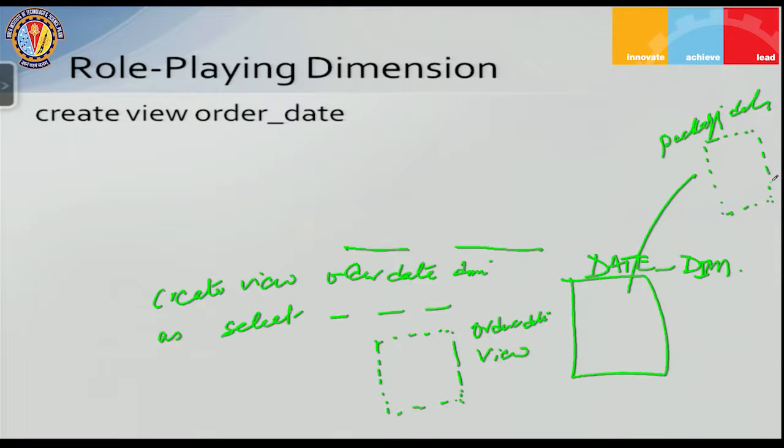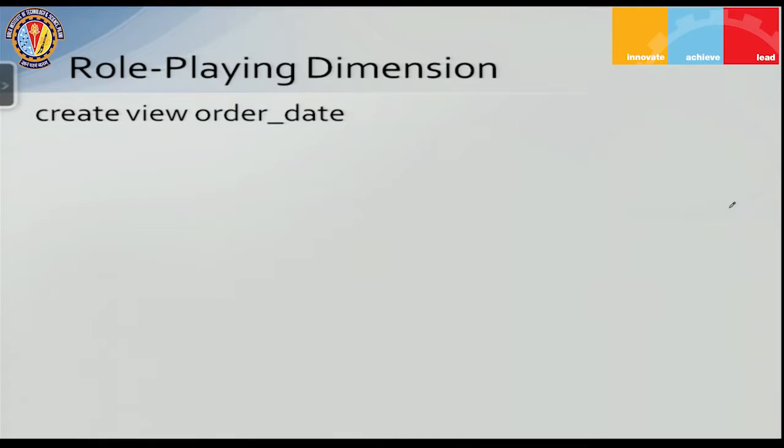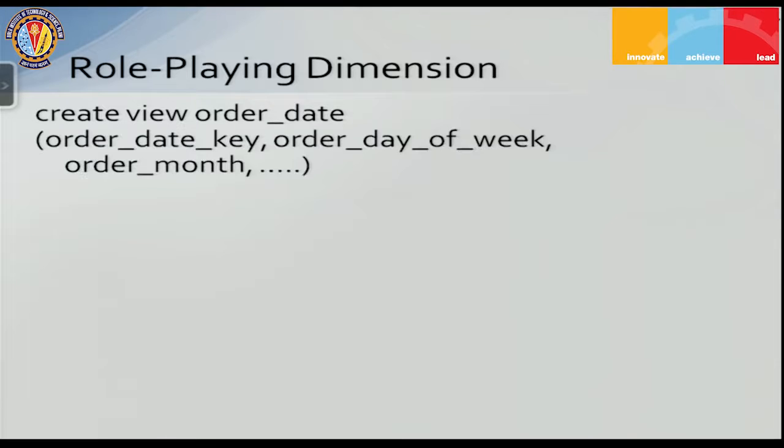So this is the SQL query or DDL that I would use to create a view called order date. Instead of calling it the date key, I'm calling it the order date key, right? Order day of week, order month. So everywhere I have prefixed order.